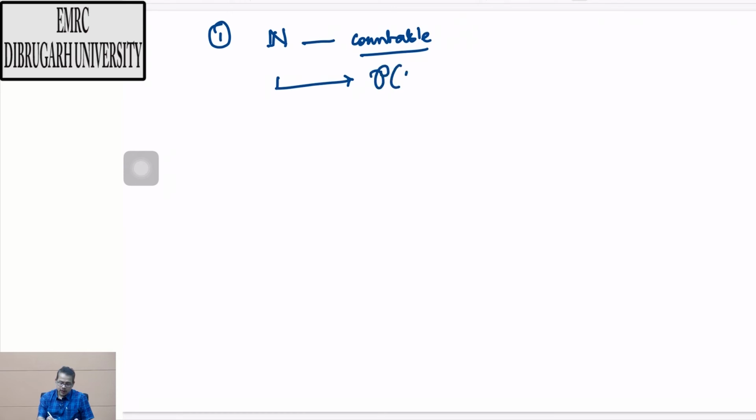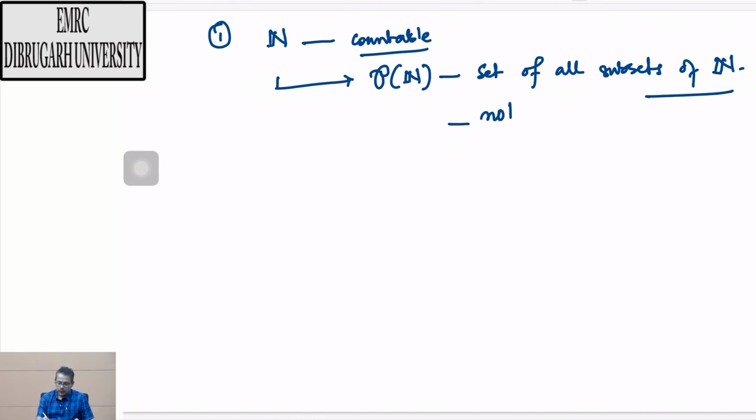Cantor's theorem has far-reaching implications. It is instrumental in showing that the power set of N is uncountable, because if N is the set of natural numbers, it is countable, but the power set of N, that means the set of all subsets of N, is not countable.